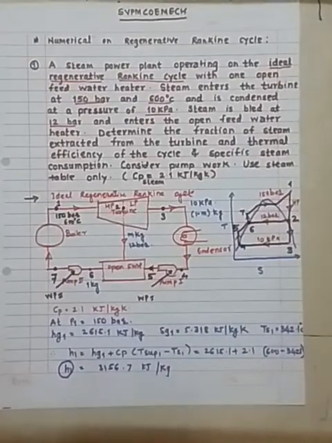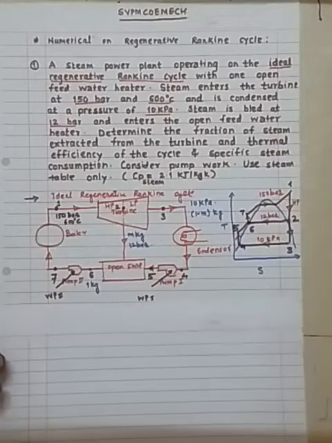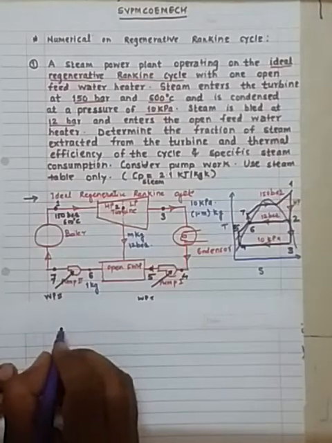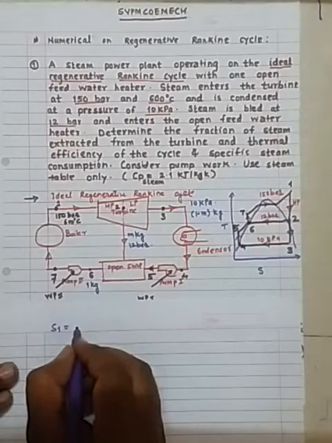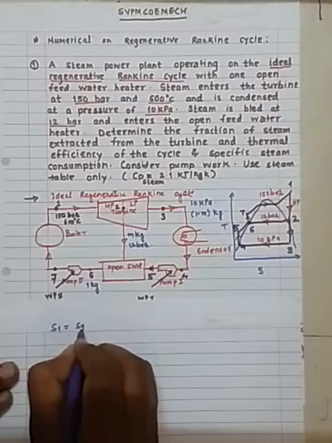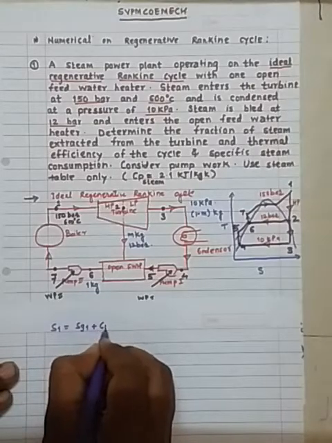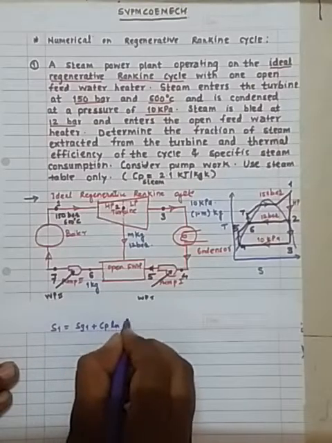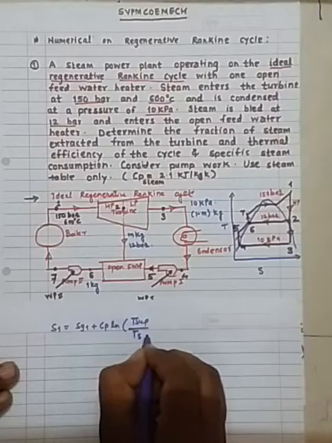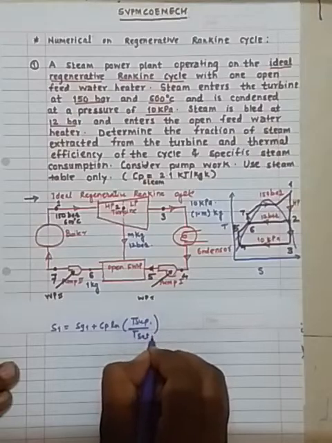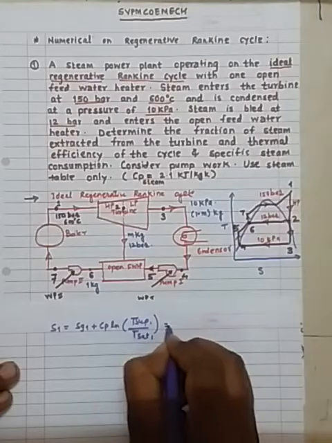Now further, how can we proceed with the help of this? I can find out the value of S1. S1 is equal to Sg1 plus Cp ln of T sup divided by Tsat at 150 bar.